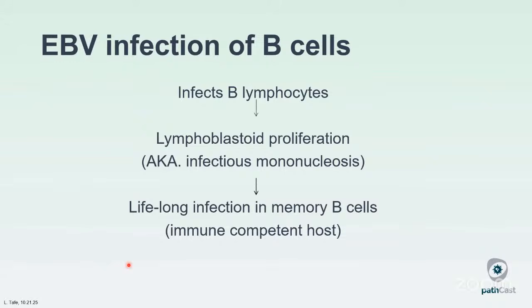And the overall cycle is thought to be starting with an infection of the B lymphocytes. There can be a lymphoblastoid proliferation, which results in the clinical symptomology of mono, and lifelong infection persists in the memory B cells.